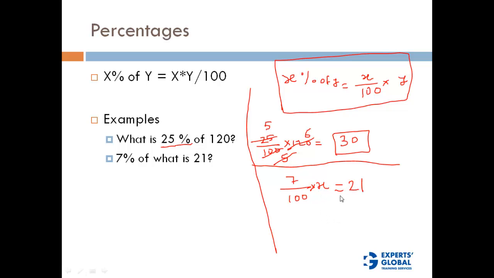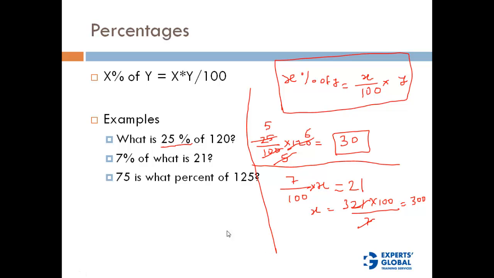So we get x is equal to 21 into 100 divided by 7, which is 300. So 7% of 300 is 21. That means 21 is 7% of 300.